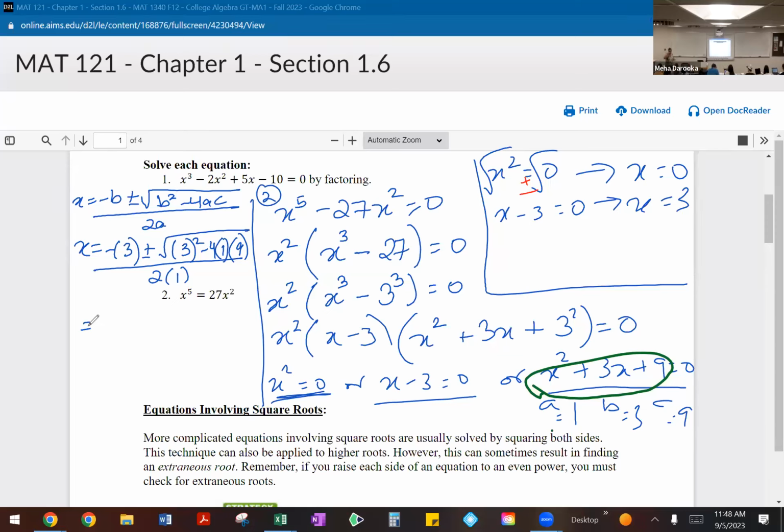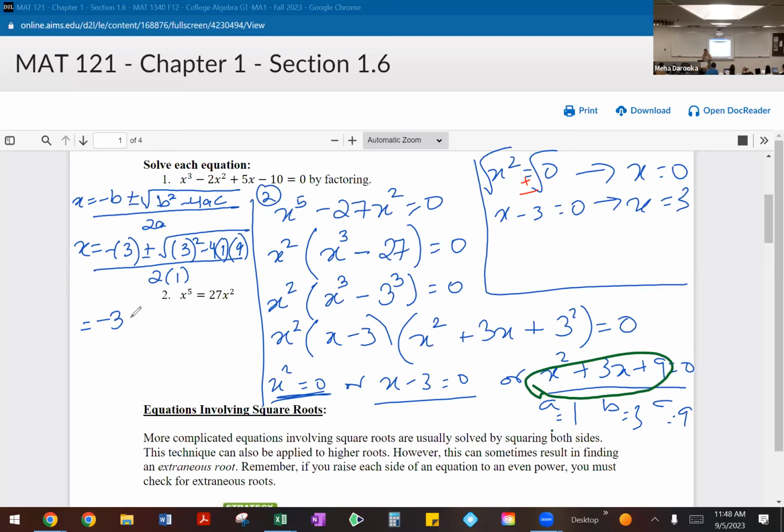The only thing I would suggest is now that we have found it, you will convert this into plus minus, because you have to have it in the form a plus bi and a minus bi, so we need to separate the denominator. Alrighty, guys, let's take a look.